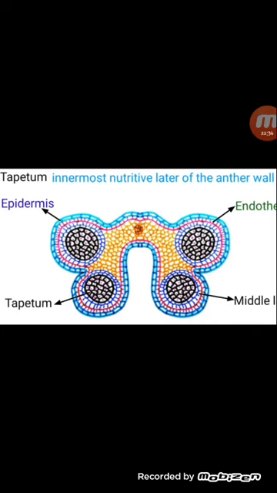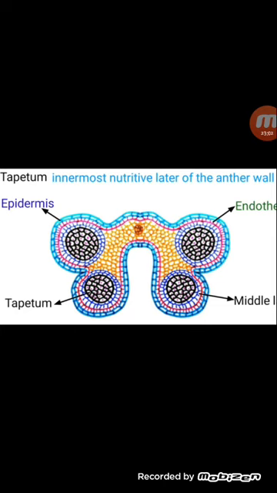It is the innermost layer of the anther. Function, nutrition. So tapetum is the innermost nutritive layer of the anther wall. Fine. So we have seen the structure of anther.